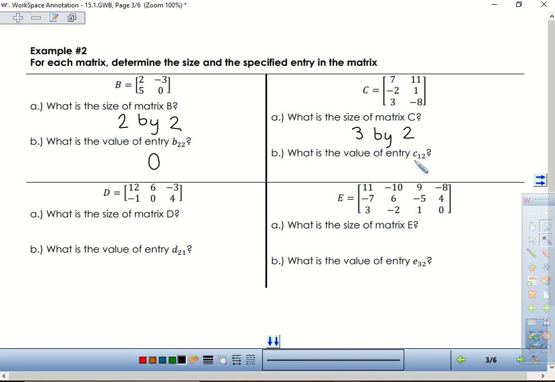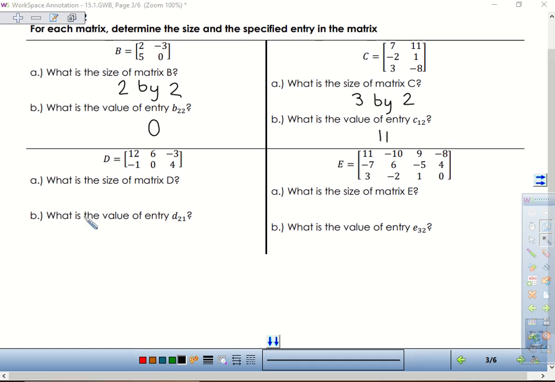So what is the value of the entry c12? So the first row, second column, which is going to be what? 11. Okay, row then column. What is the size of matrix D? 2 by 3. Good, 2 by 3. And what is the value of d21?